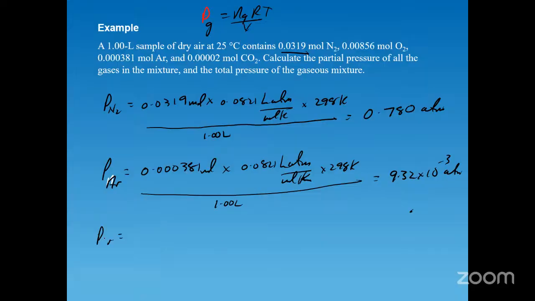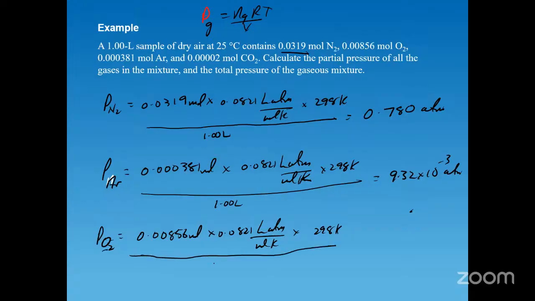So PO2 would be equal to 0.00856 moles times 0.0821 liters atmospheres over mole Kelvin times the temperature, which is 298 Kelvin, all divided by 1.00 liters.